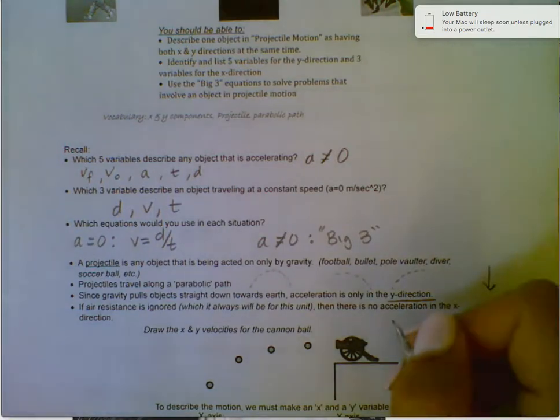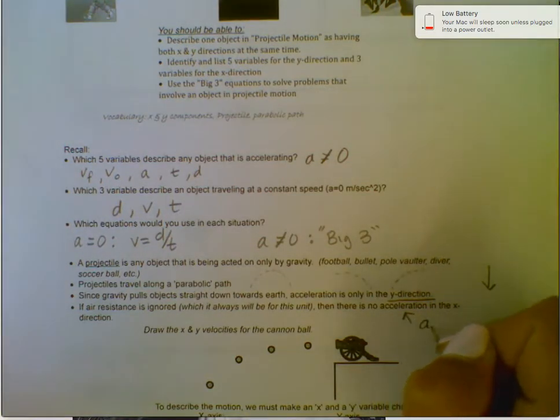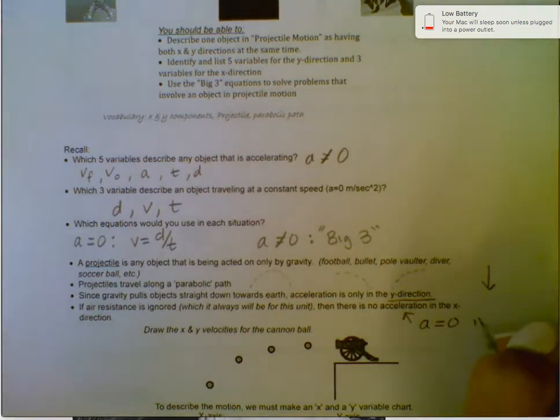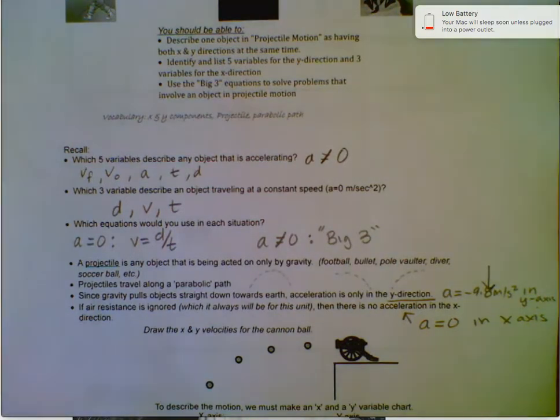So basically what this is saying is that a equals 0 in the x direction, or in the x-axis. And up here we're saying a equals negative 9.8, or gravity, in the y direction. Okay, that's very important. It's going to come up a lot here.